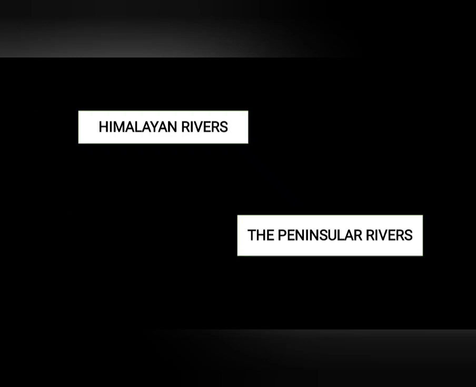So in the Himalayan rivers, most of the water originates from the Himalayan regions. Mostly, these Himalayan drainage basin rivers flow all throughout the year. They are perennial. Perennial means those water bodies which flow all throughout the year.